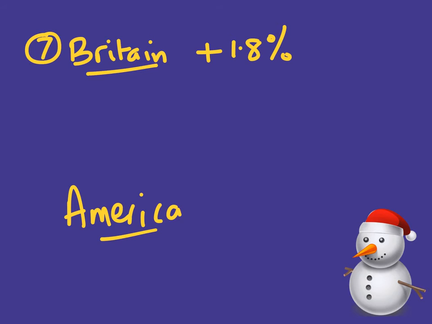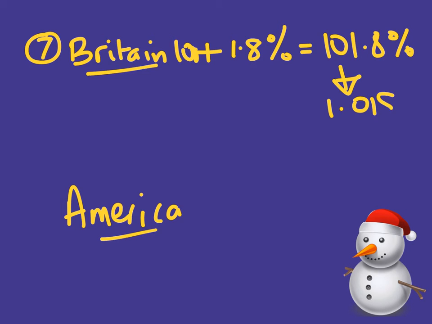That's what you're going to write in there. Question 7. So we've got a pint of milk in Britain, and the same in America. The inflation rate is 1.8% in Britain, so we're going to add that to 100. So that's going to give us 101.8%, which I can then turn into a decimal, 1.018.